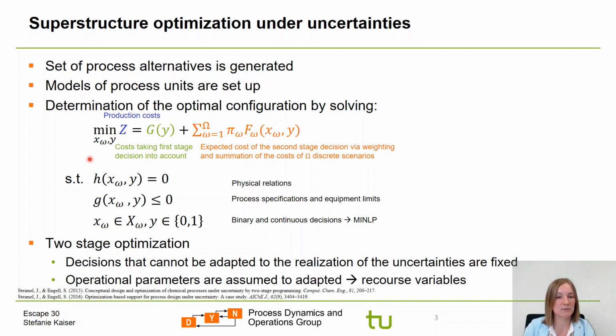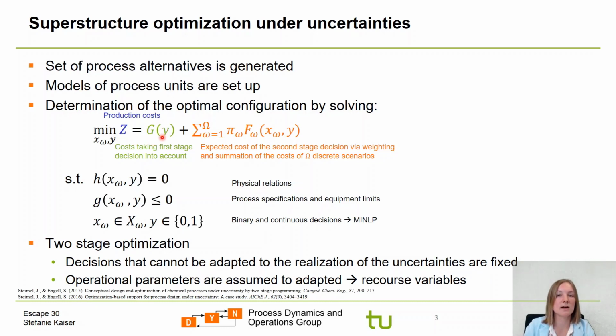It's a two-stage optimization. So in total, we want to minimize the production costs. And the cost function consists of two parts. The first part are the costs taking the first stage decision into account. And these decisions cannot be adapted to the realization of the uncertainties. So they are fixed in the first stage.